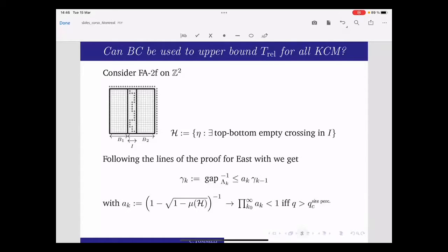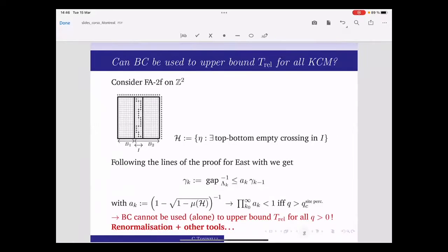So this is not at all the critical density at which blocked clusters percolate for this FA2F. As we saw yesterday, for this FA2F dynamics, at any positive value of Q, blocked clusters do not percolate.